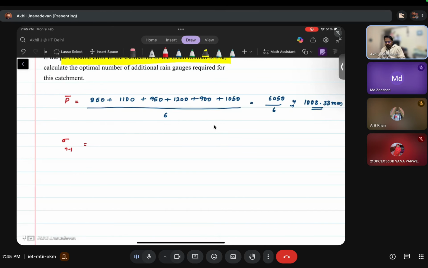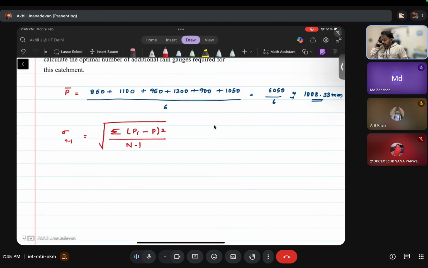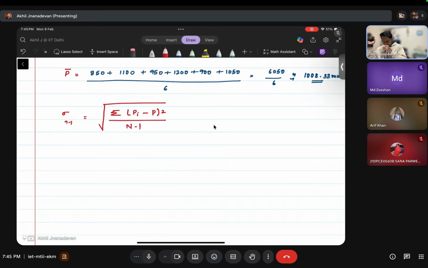Instead of x, I will use precipitation directly, that is P, so the square root of the sum of xi minus P bar, the whole square, by n minus 1.